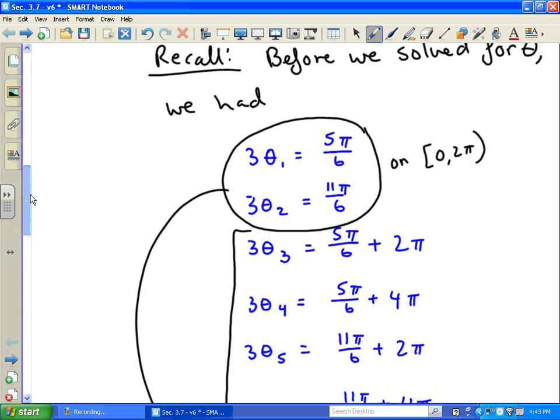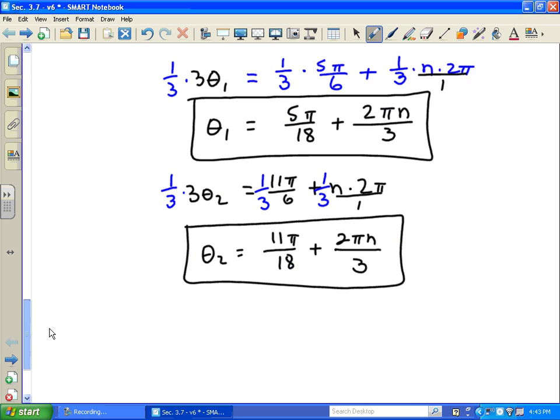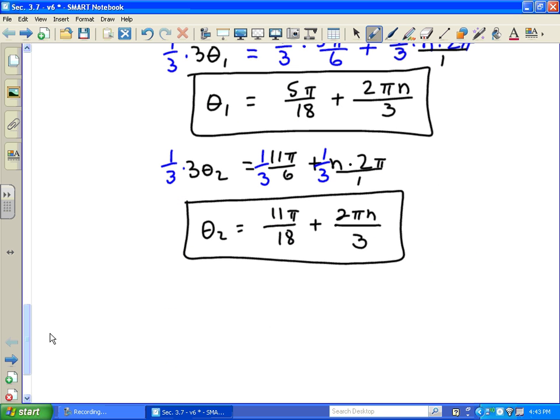Why not? The reason was we had a triple angle. And so what you see is over here where you have the 2 pi times n, you see the divided by 3 part showing up there in that second fraction. Okay, this concludes this example of solving for all solutions when you have a triple angle.